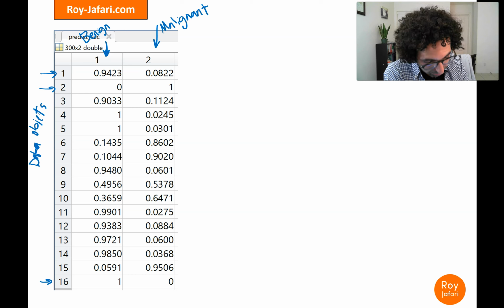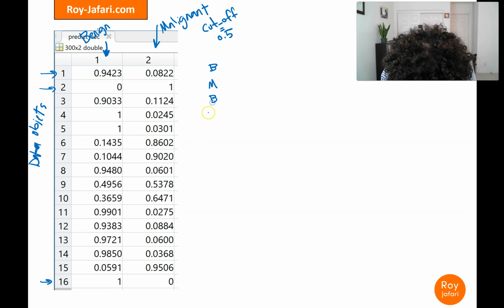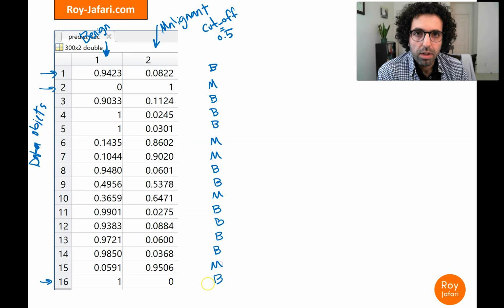Think about that. But let's just use that cutoff point as 0.5. So if I use cutoff 0.5, these would be my decisions. This would be benign, this would be malignant, benign. So that's just one way of doing it.